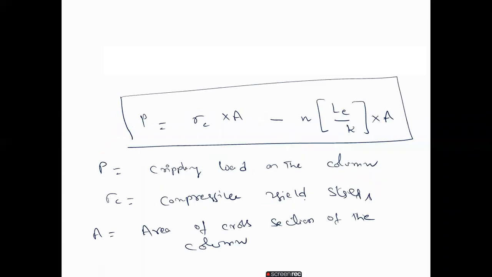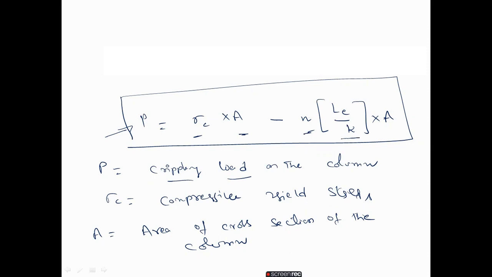So my dear students, if you observe, the straight line formula is P equal to sigma C into A minus N into LE by K into A. Here P is the crippling load, sigma C is the compressive yield stress, A is the area of cross section of the column, and N is a constant whose value depends upon the material of the column.